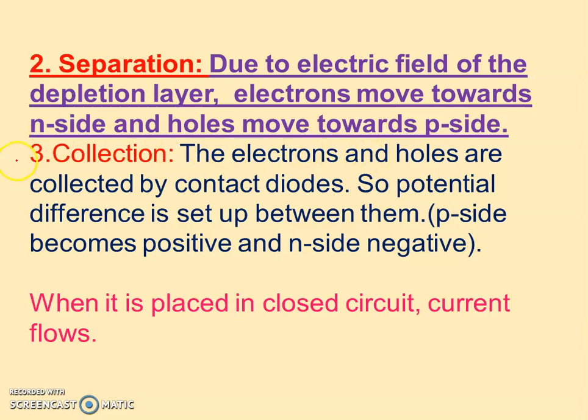Last one is collection. The electrons and holes are collected by the contact electrodes. So a potential difference is set up between them. It means it is acting as a cell. When it is placed in a closed circuit, the current flows.